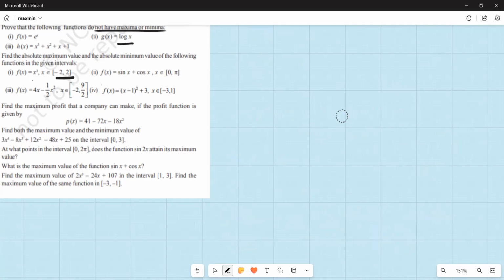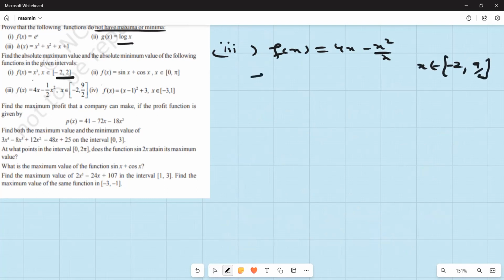Next question is part 3. F of x is 4x minus x square by 2. X belongs to, again, closed interval -2 and 9/2. Find f dash x. 4 minus 2x by 2, na? So I am getting 4 minus x.